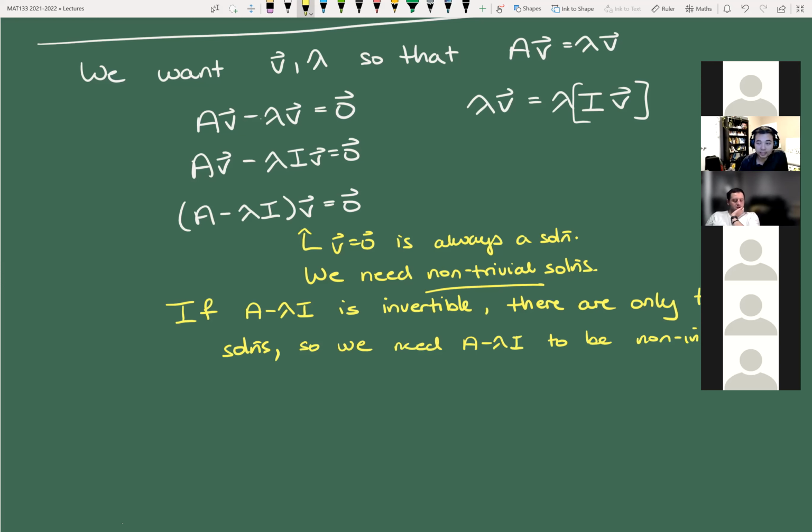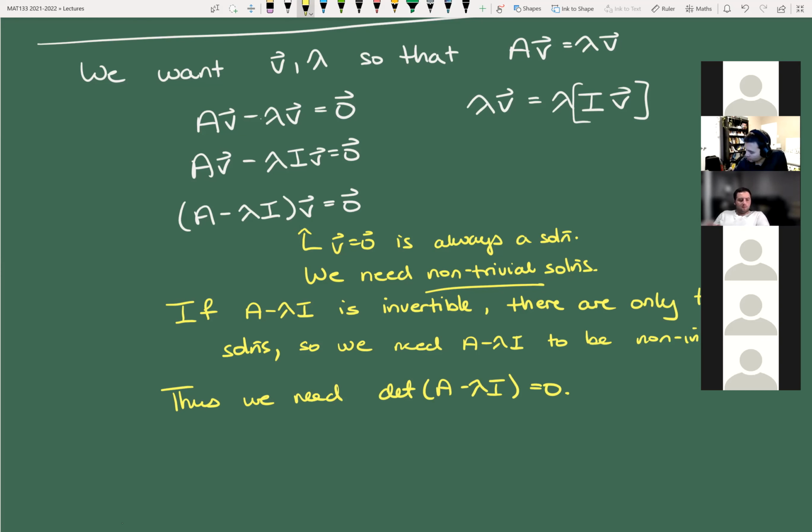And a matrix is invertible if and only if its determinant is not 0. So that means that a matrix is not invertible if its determinant is 0. So thus we need the determinant of A minus lambda I to be equal to 0. Okay, and you might say, why are we going through all this?